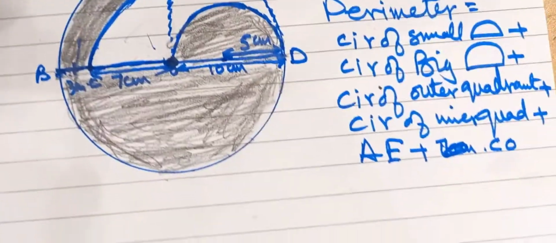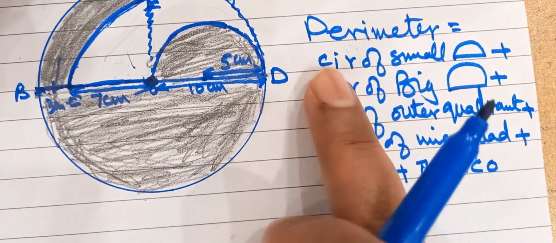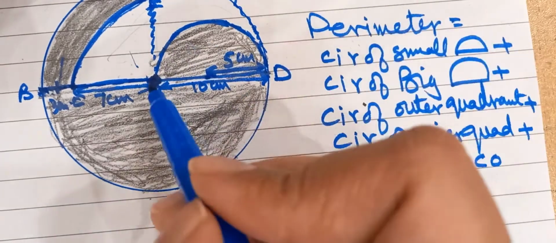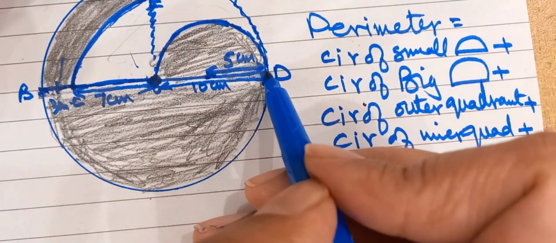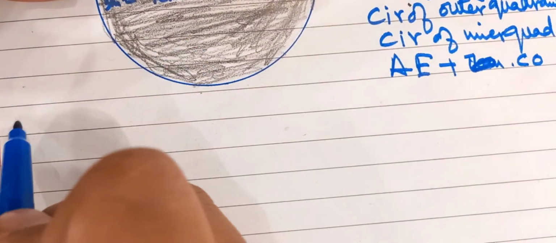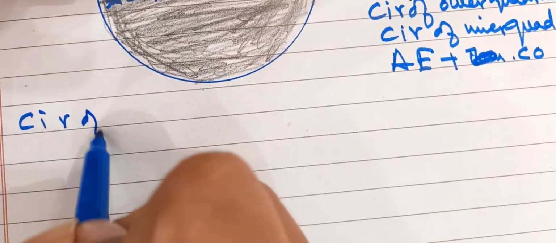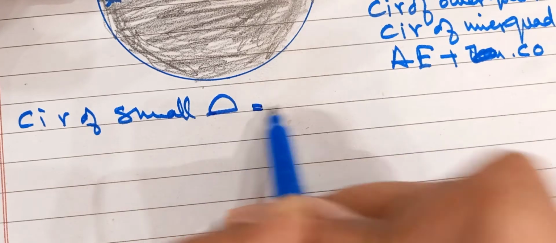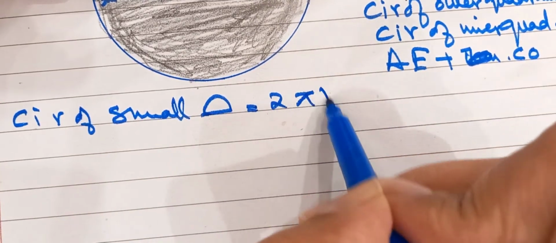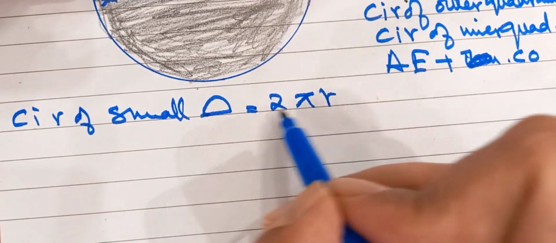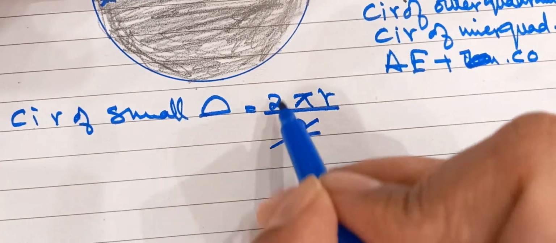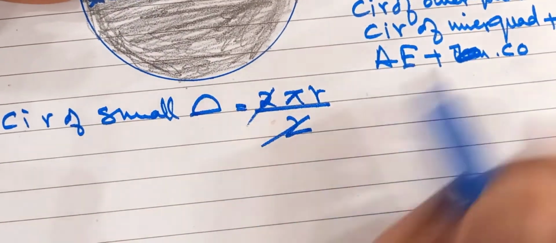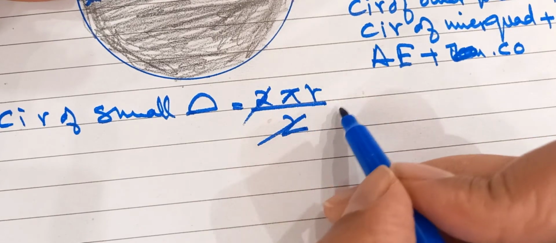Now I will calculate the required circumference of the small semicircle, the outer part of this semicircle. Circumference of small semicircle: 2 pi r is the circumference of a circle, I'll divide it by 2 to get the semicircle, so pi r.